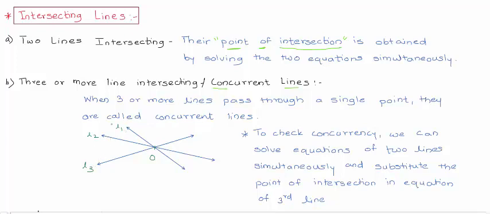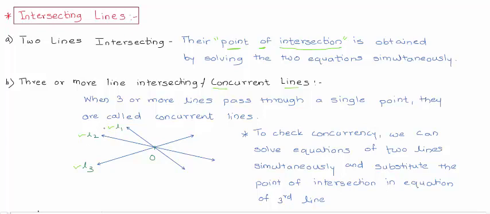Okay. Now, in exam, sometimes they might give us three equations and they'll ask, find whether these three lines are concurrent. For that, to check concurrency, we can solve the equations of any two lines simultaneously and substitute the point of intersection in equation of third line.